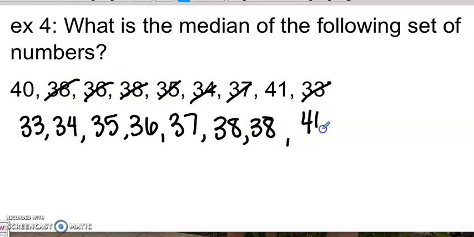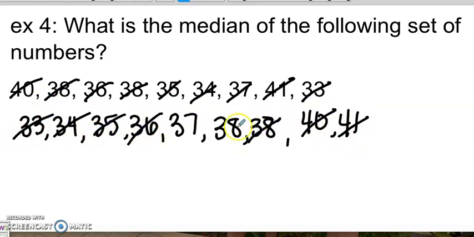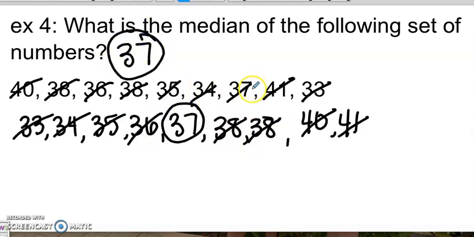I have a 40, and I have a 41. Okay, then I cross my numbers out until I get to the middle. Okay, it looks like the median of these numbers is 37.